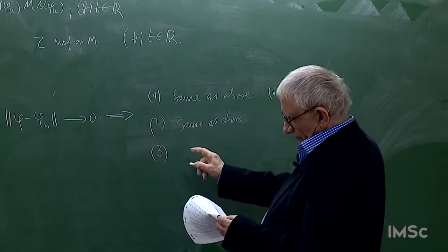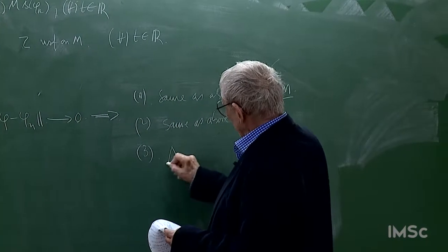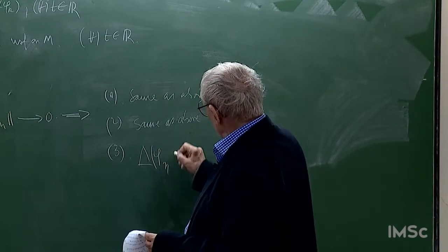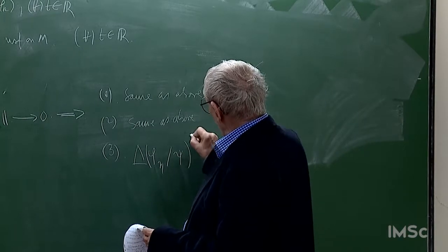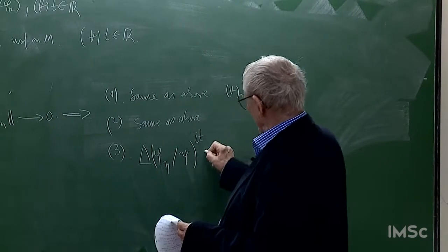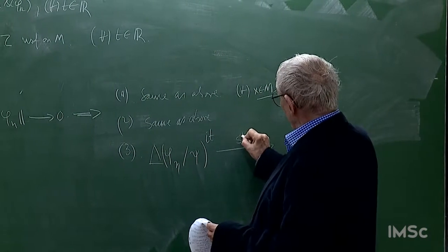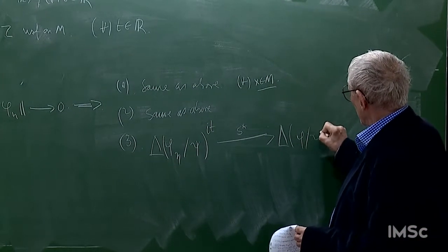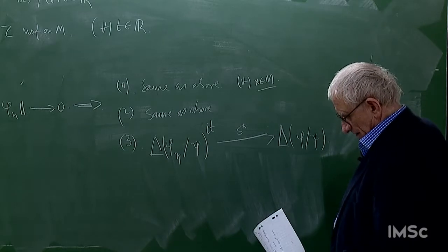And the third thing is that delta phi_n with respect to psi, to power it, which is a bounded operator, converges strongly to delta phi psi. Okay.